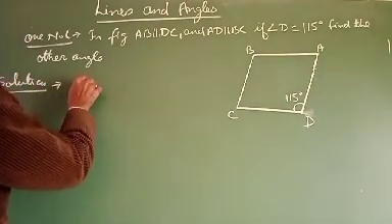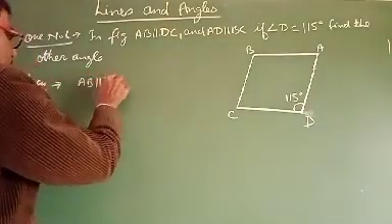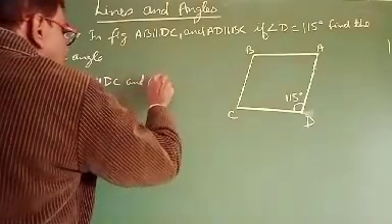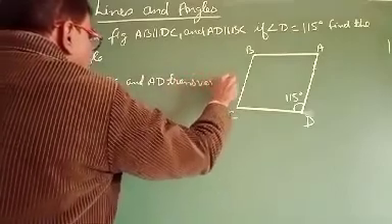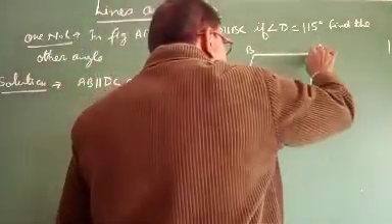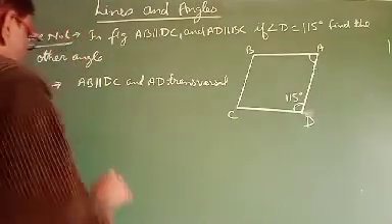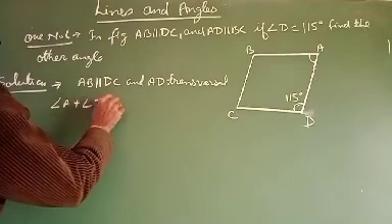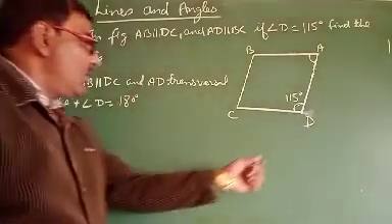AB parallel DC and AD transversal. Then the sum of angle A and angle D is 180 degrees. Why is angle A plus angle D equal to 180 degrees?